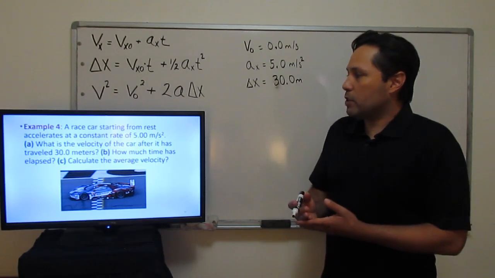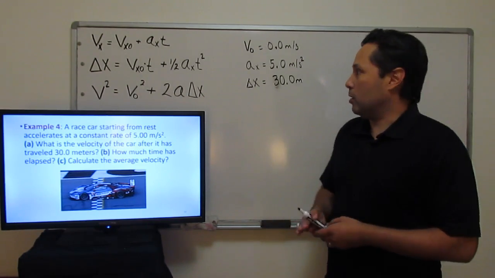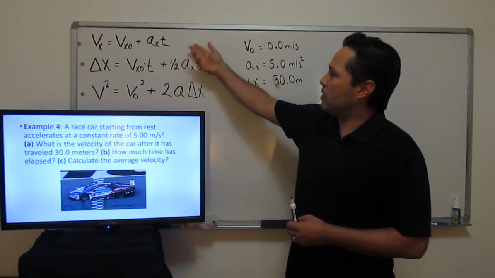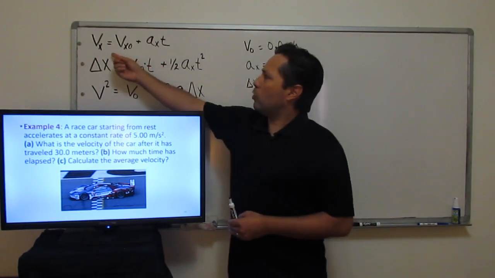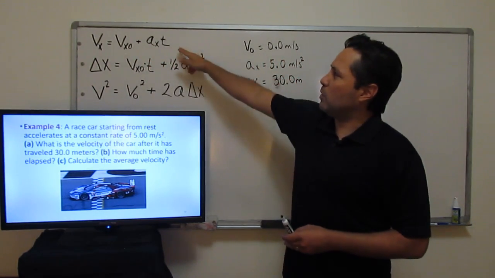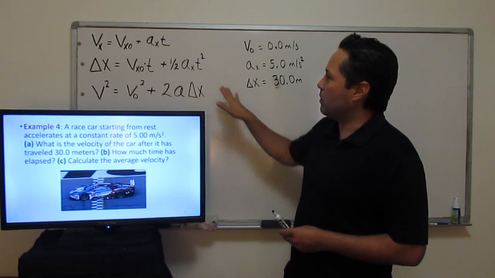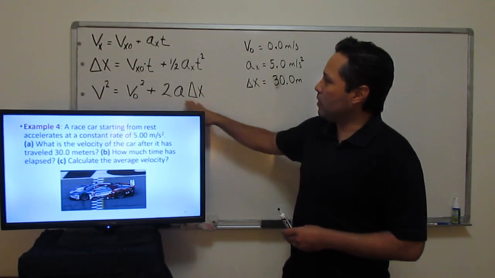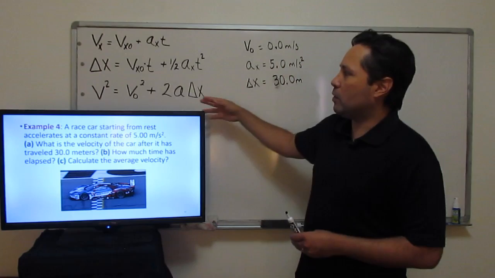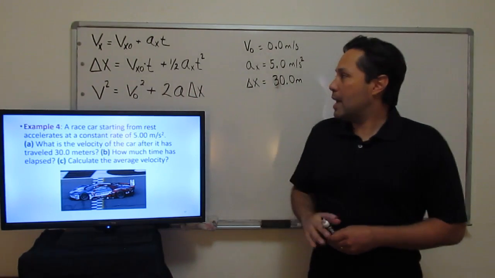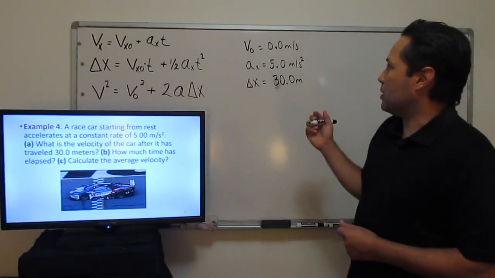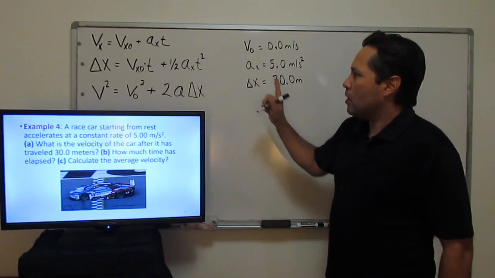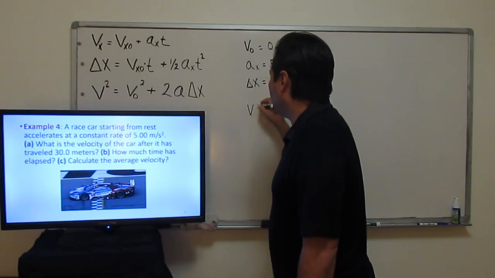Okay, so now, what is the velocity of the car after 30 meters have gone by? Alright, so we have this formula on top, and to solve for the velocity, but we don't have the time, so we can't really use that one. Same problem with this one. That one, right here, we do have everything we need to solve for the velocity of the vehicle at that particular instant. Alright, so let's go ahead and get to work. Formula will be this.